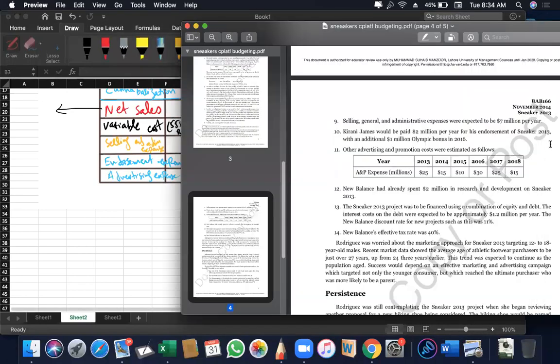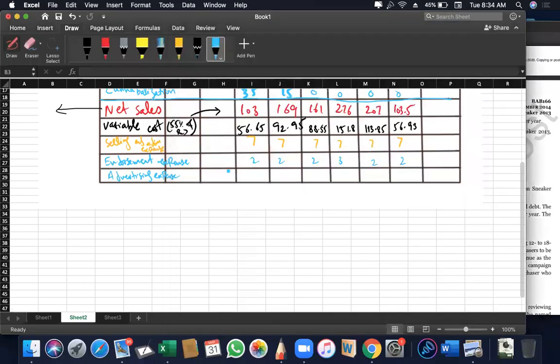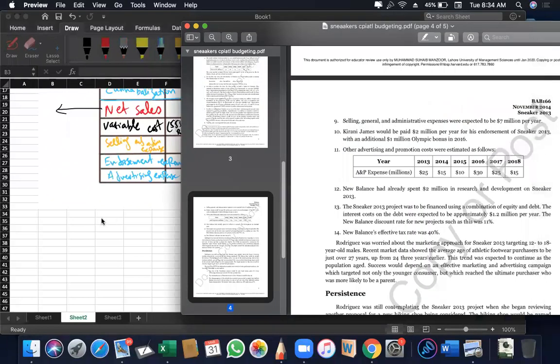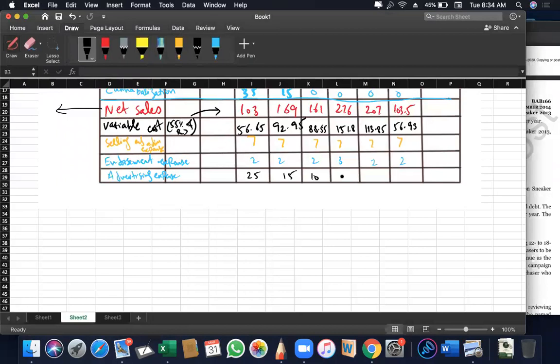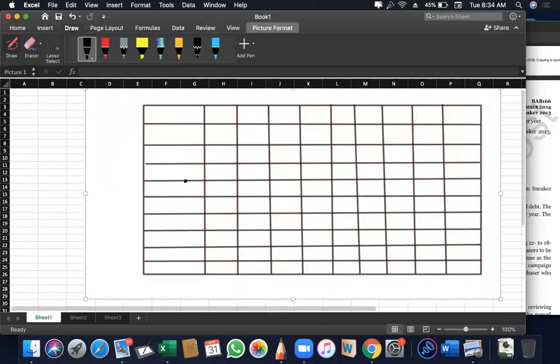The values in each year are 25, 15, 10, 25, 15, 10, 30, 25, 30, 25, and the last one is 15. So these are the expenses.